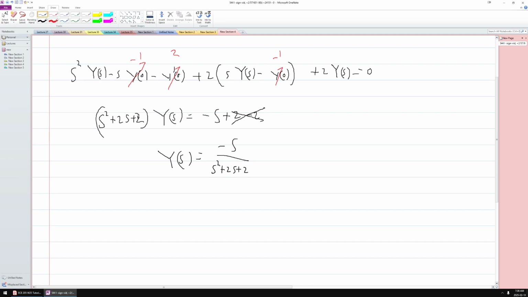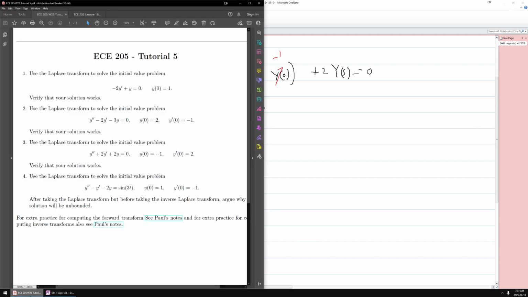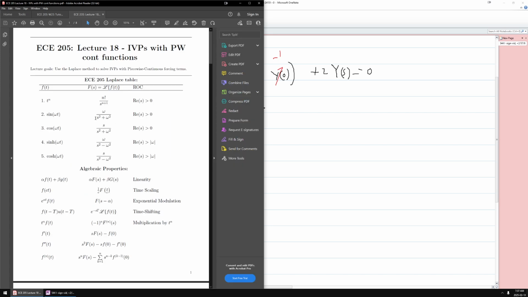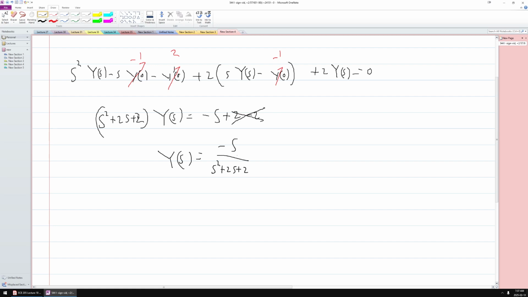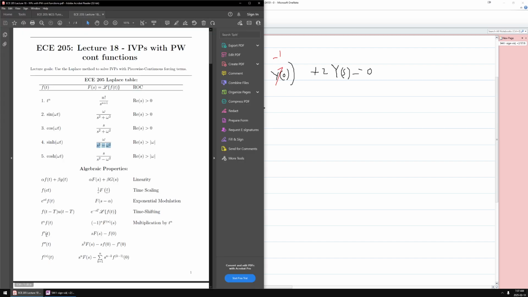Since it's not a perfect square, and not one of these, I can't use those formulas, obviously. But since I have s squared plus something, I can't do the exponential trick either. So it's going to be somewhere in the middle. There's going to be maybe some exponential, maybe some of this.